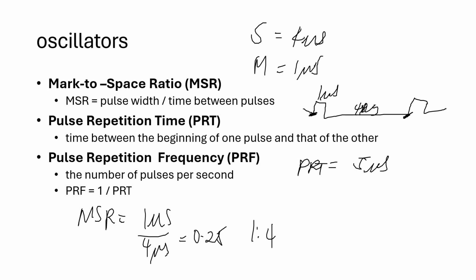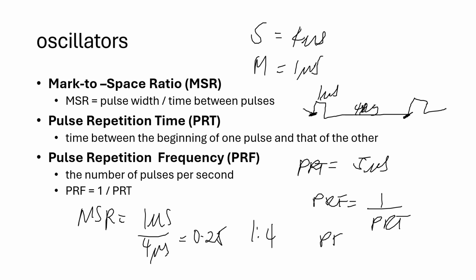And lastly, we have pulse repetition frequency. Pulse repetition frequency is the number of pulses per second. Actually, PRF and PRT are related, wherein your PRF is equivalent to 1 over your PRT.